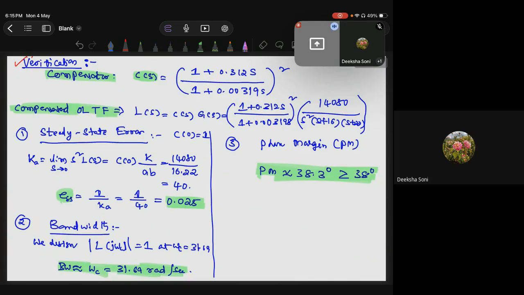Okay, so are there any queries? This is how you have to proceed. Do you have any queries? You can go through these values so that you will understand all these steps. Are there any queries? No, sir. Yeah. Okay, we have 15 minutes time. If you have any other doubts, you can ask me.